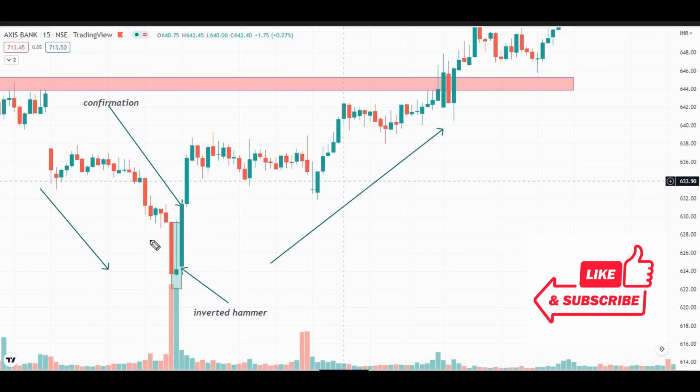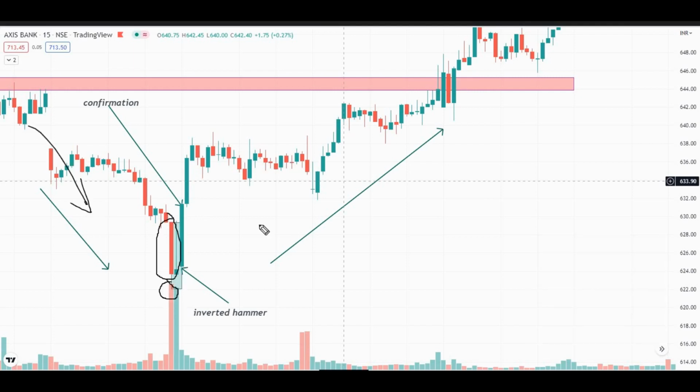So if you see this kind of selling candle with very high volume at the end of a trend, you could realize that now the trend could change for some time. And also we saw an inverted hammer, which is a confirmation that the trend could potentially change towards the upside.